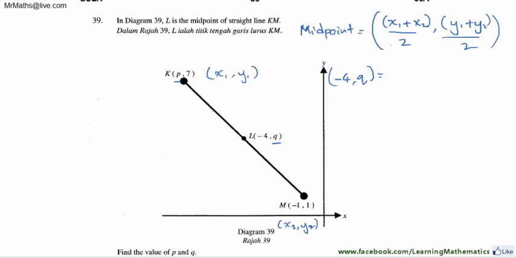Let's go and work it out. So x1 is P plus minus 1, so that is P minus 1, 2, and then y1 is 7 plus 1.